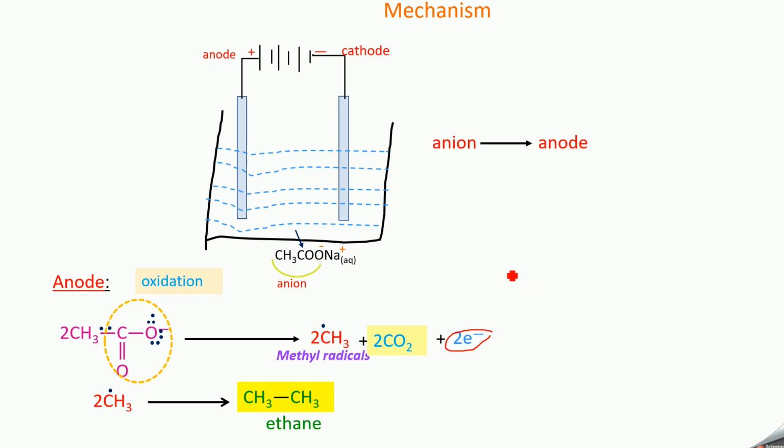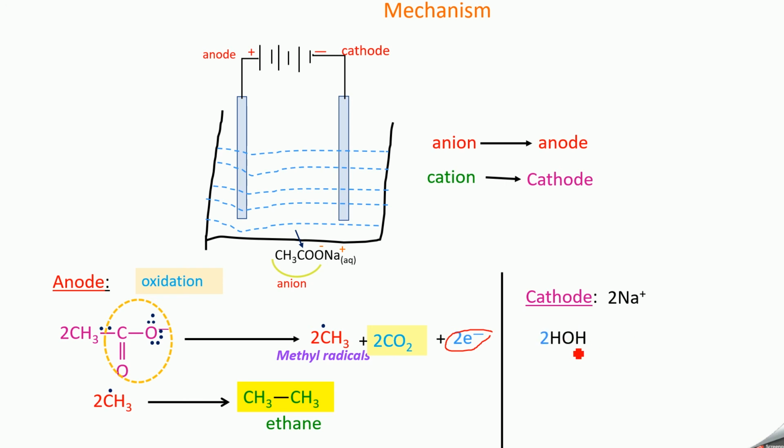Now we'll go to the cathode. The cation will move towards the cathode. Here the cation is Na+. So at the cathode we have 2 Na+, and water is there, and these 2 electrons will be accepted at the cathode. In the water, you have H+ ion and OH- ion. This H+ ion will gain an electron and is removed as H2 gas.